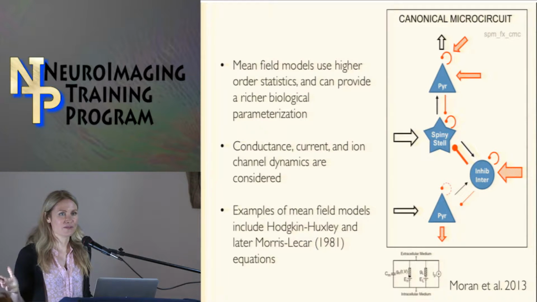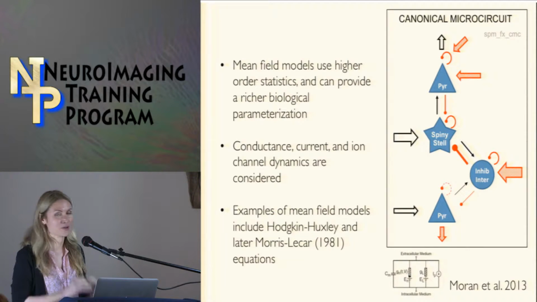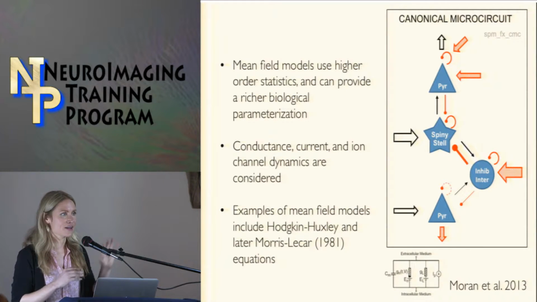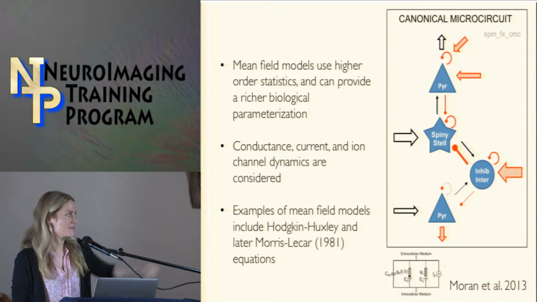You've all probably heard of the Hodgkin and Huxley models, where they use circuits. I have this circuit at the bottom here where you have capacitance across the membrane and different resistors in parallel to model a neuron. Those types of circuit models by Hodgkin and Huxley and later by Morris-Lecar are the inspiration for this later canonical microcircuit model.